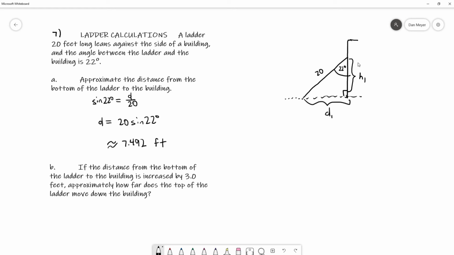We're going to need to find that first height, the original height here. Height 1 is going to be 20 times cosine of 22 degrees, right?